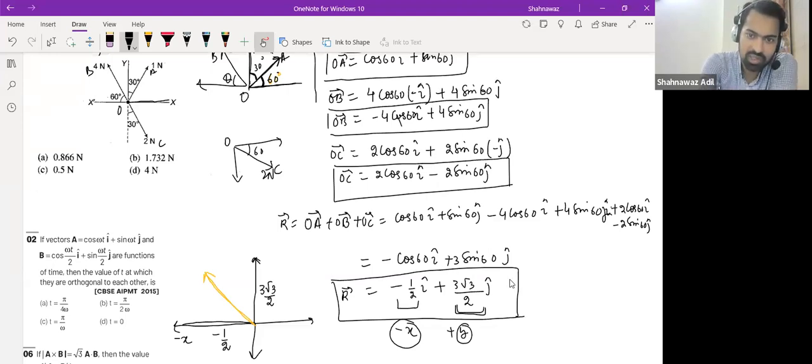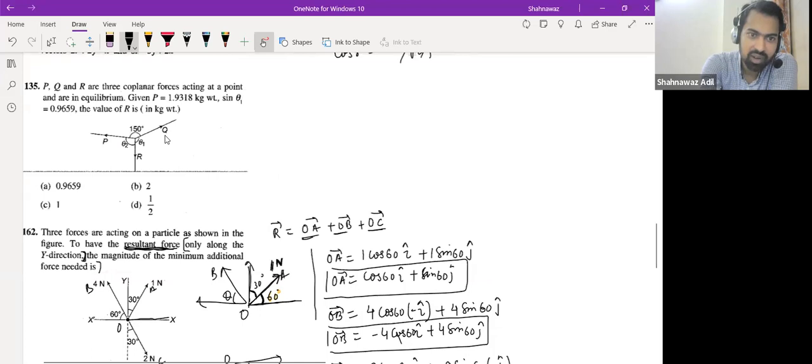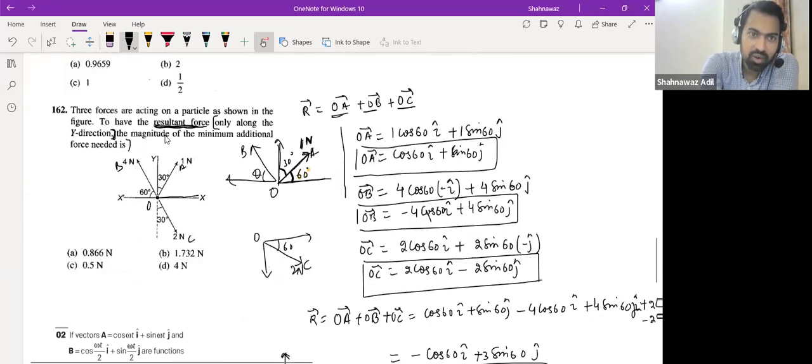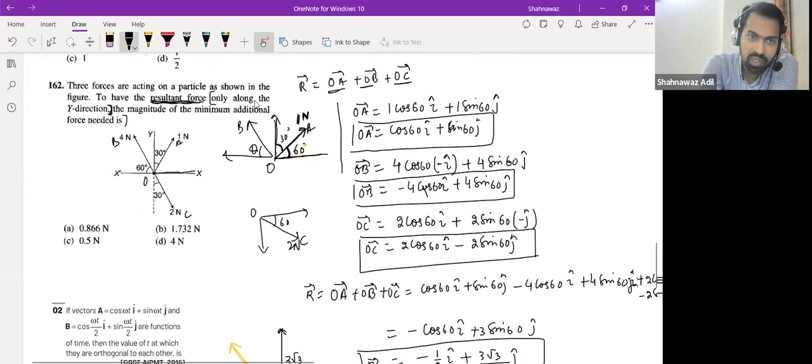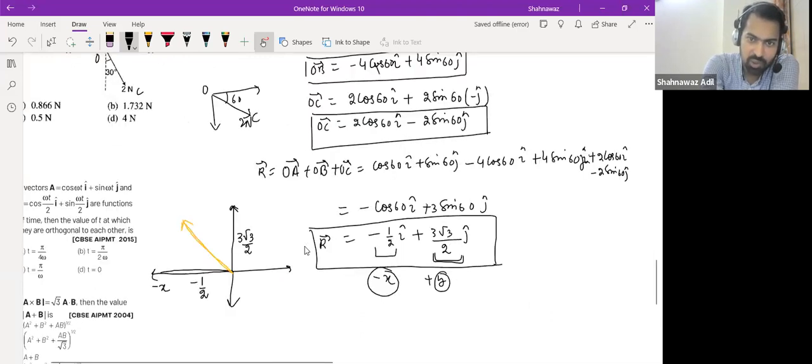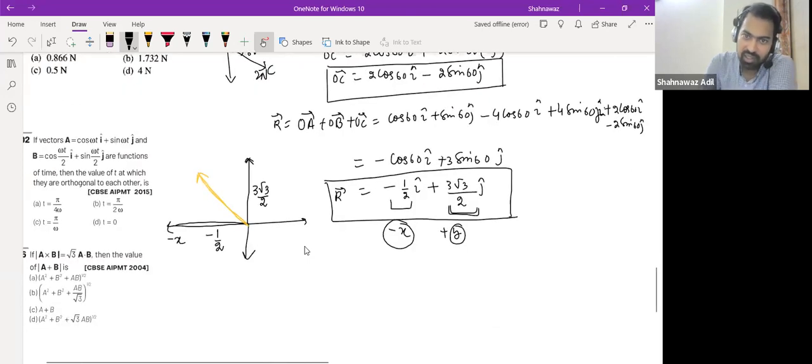So this is the resultant, and the question they have asked is: to have the resultant only along the y direction, the magnitude of the minimum additional force needed is what? You see that this has an x part and a y part.